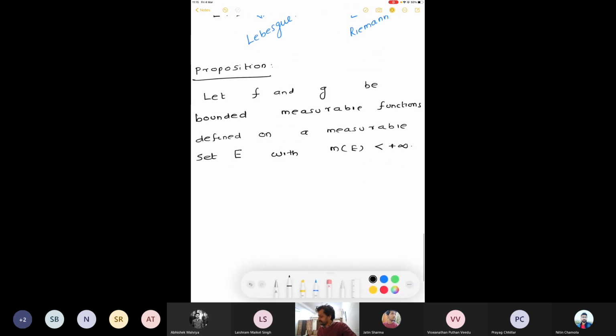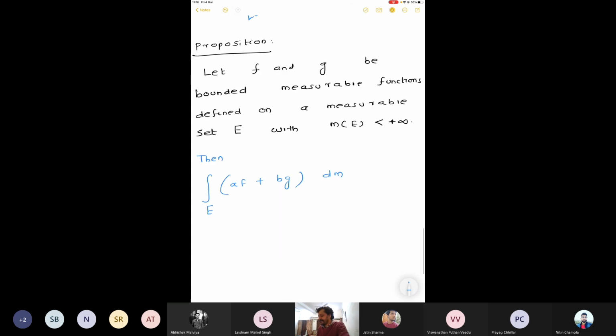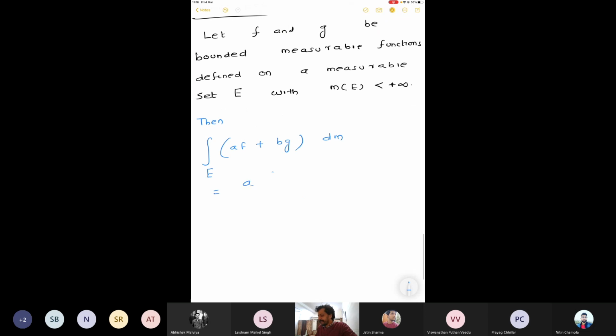Then the integral over E of a f plus b g dm will be equal to a times the integral over E of f dm plus b times the integral over E of g dm.